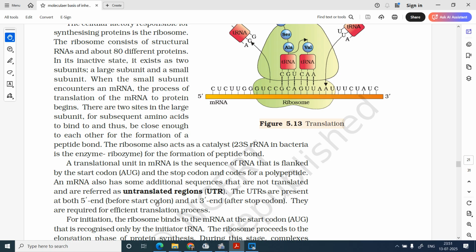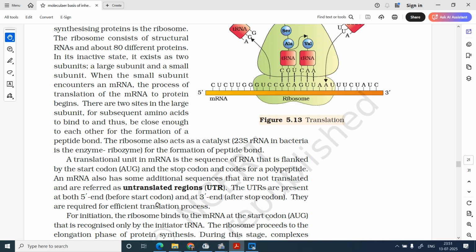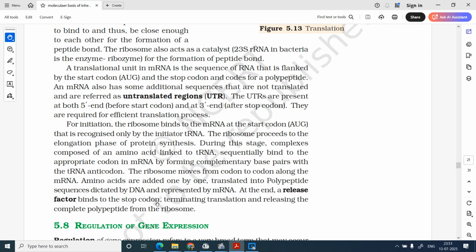An mRNA also has some additional sequences that are not translated, referred to as untranslated regions, UTR. The UTRs are present at both the 5' end before the start codon and the 3' end after the stop codon. They are required for efficient translation process.